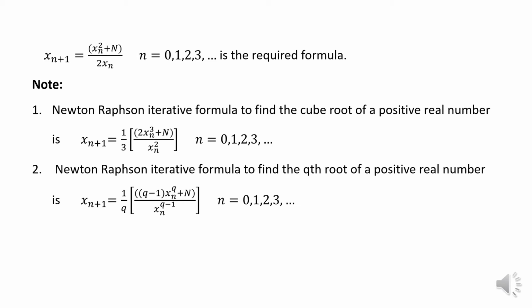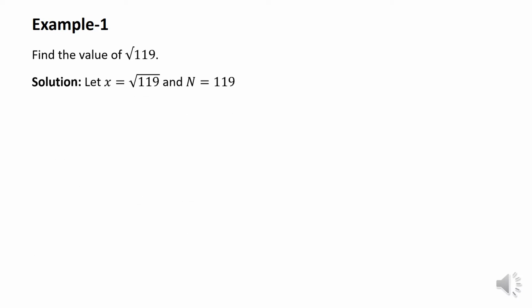Let us solve some problems using Newton-Raphson method. First problem. Find the value of square root of 119. Let x equal to square root of 119. Here n equal to 119. Squaring on both sides, we'll get x square minus 119 is equal to 0.